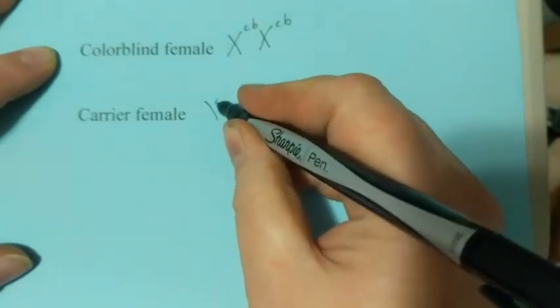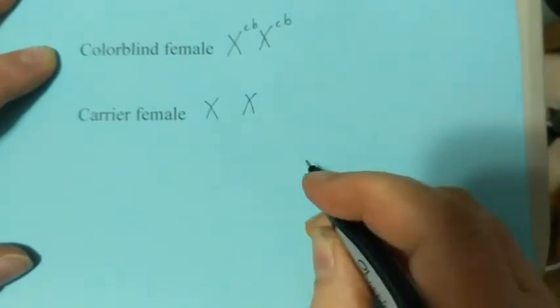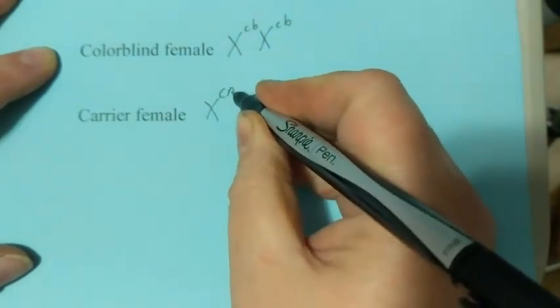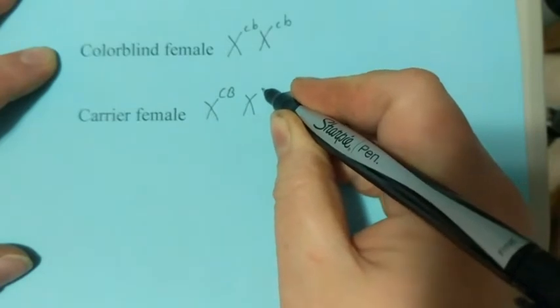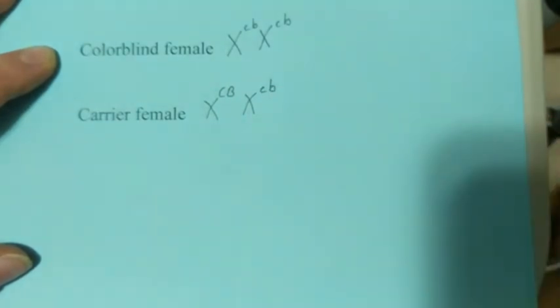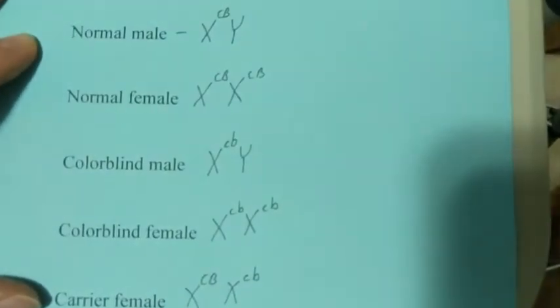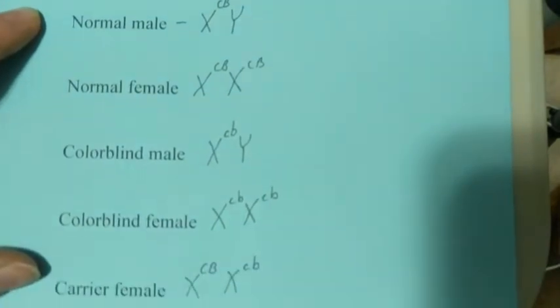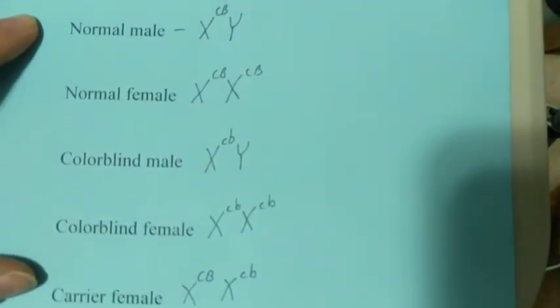And then a carrier female, again, she's going to have 2 X's, and she's going to be a carrier. So that means she has the dominant allele on one X chromosome and the recessive allele on the other. Okay. So see how for each of these different types of individuals, we've notated which allele of the gene they have and which chromosomes they have.